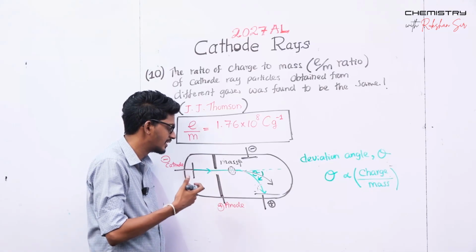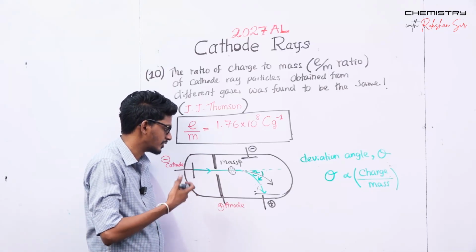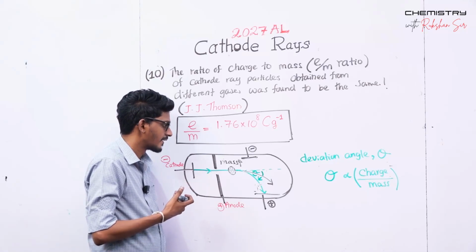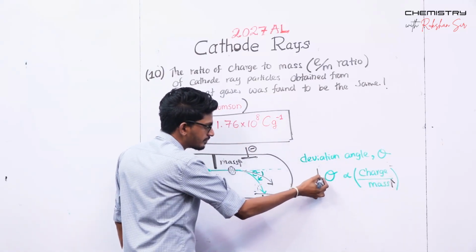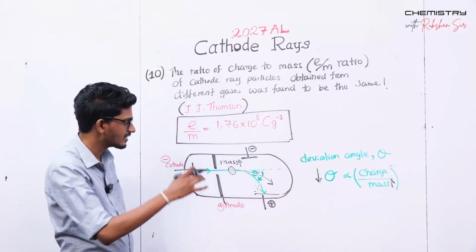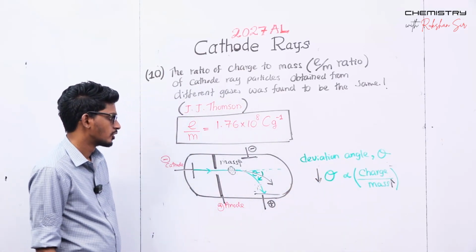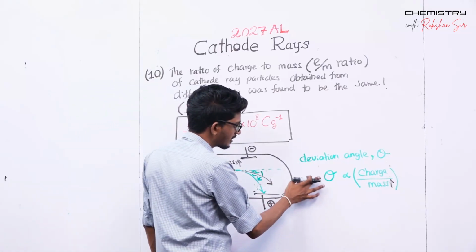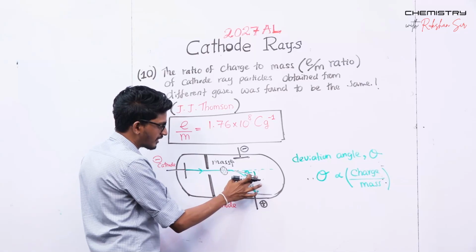So when the mass is high, the deviation angle will be low. See? So the deviation angle and the mass have an inverse relationship. So the actual charge to mass ratio is related to the deviation angle of the rays.